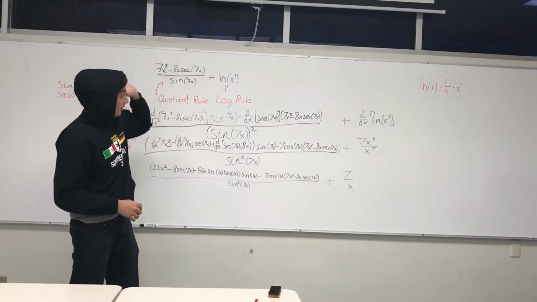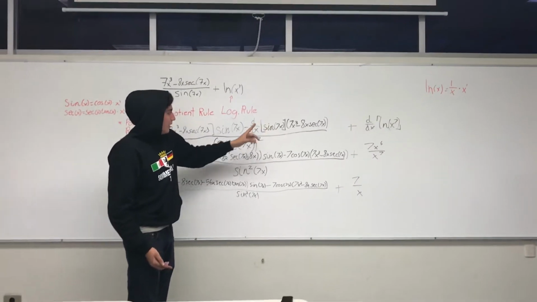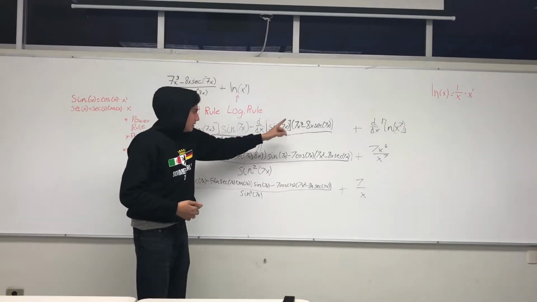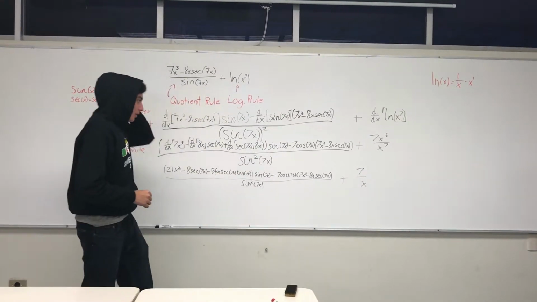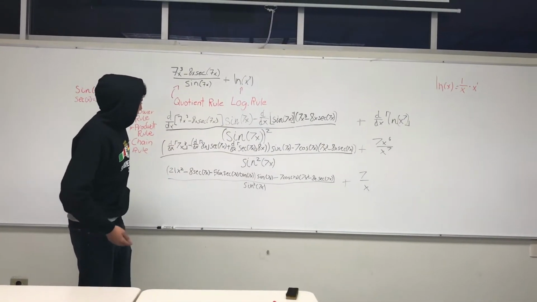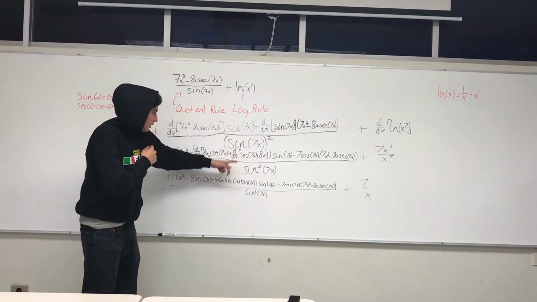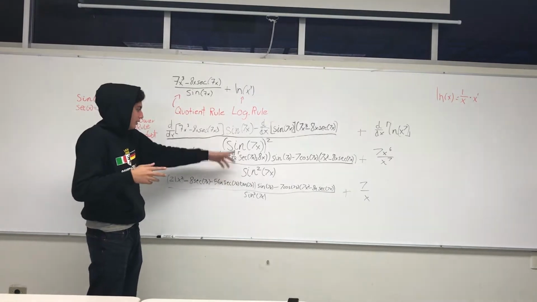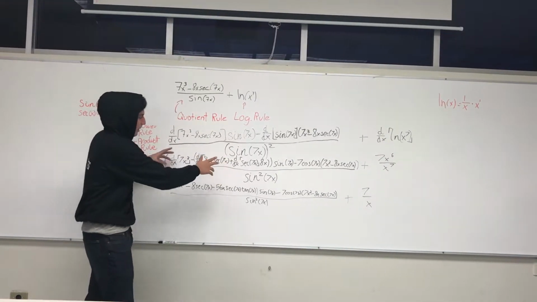And then we have to find the derivative of the sin of 7x, and multiply that by 7x cubed minus 8x times the secant of 7x. Now, here we also have the denominator as sin squared 7x. And now we have to find the derivative of each one.